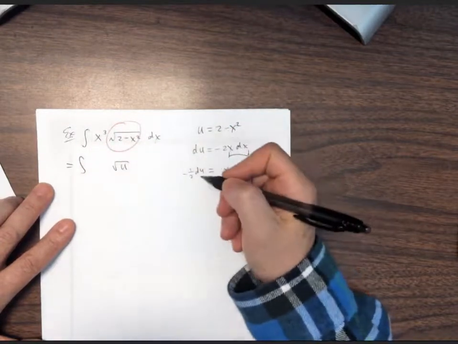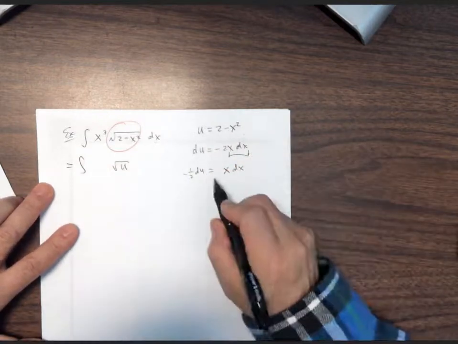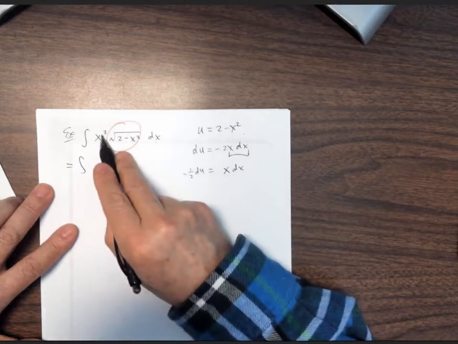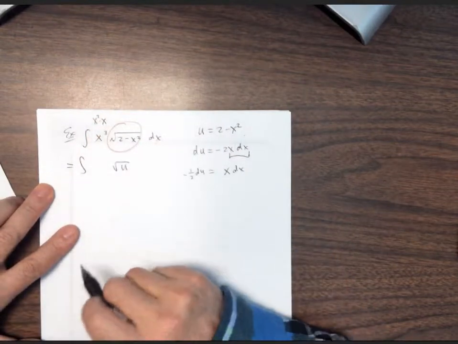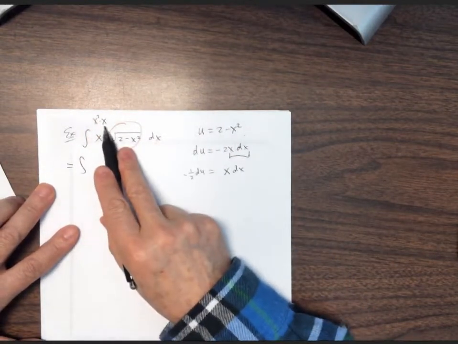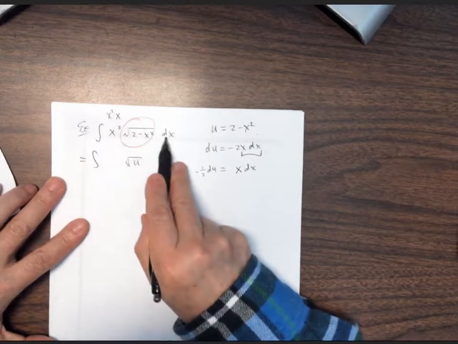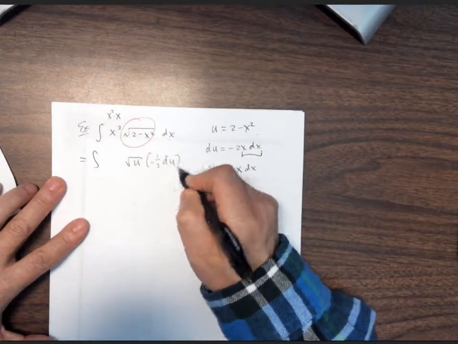That's really what it is. Well, we do what we can. So from this identity we say let's get a copy of x to go with the dx. So let's take x cubed and split it like this. This one copy of x will go with the dx, x times dx, replaced by half du.